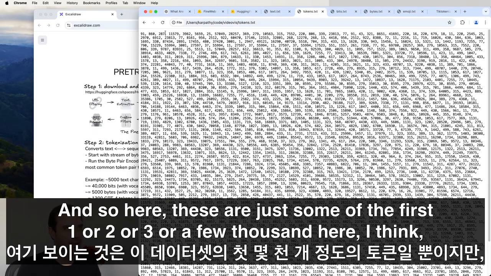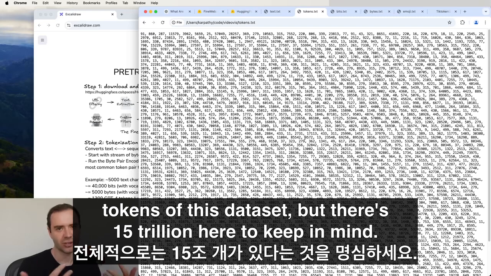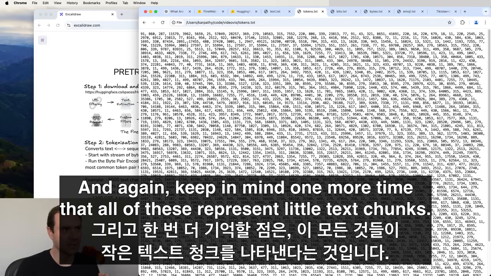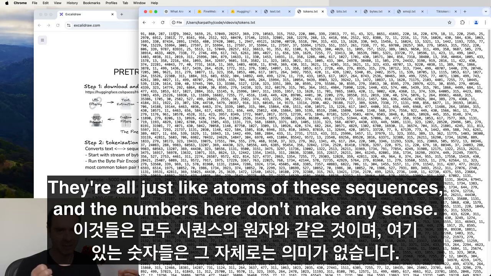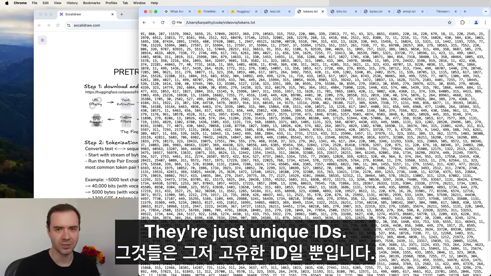And so here, these are just some of the first few thousand tokens of this dataset, but there's 15 trillion here to keep in mind. And again, keep in mind one more time that all of these represent little text chunks. They're all just like atoms of these sequences, and the numbers here don't make any sense. They're just unique IDs.